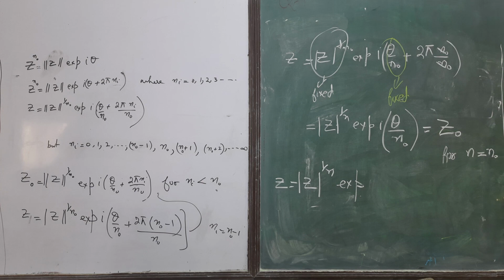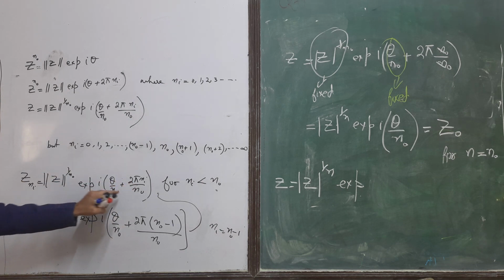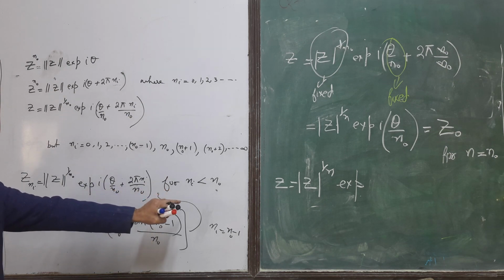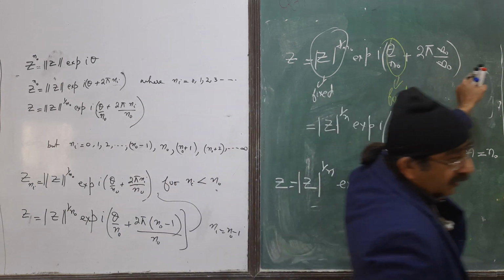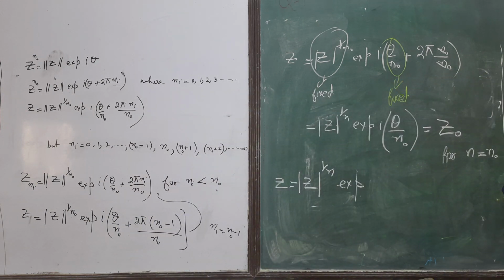Same, this will be an nth root. Means if ni is 0, then that will be a 0. If that is a 1, that will be repeated up till ni equal to this. But if this comes to equal n naught, then that will be repeated again. That will become z naught.